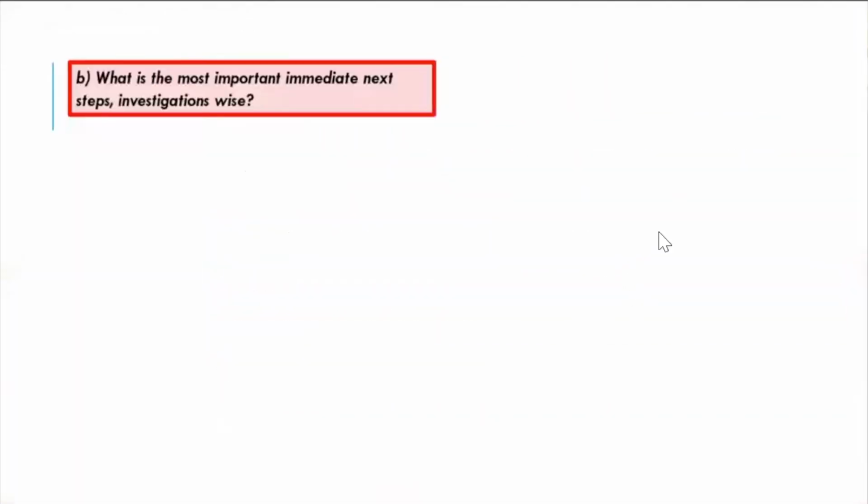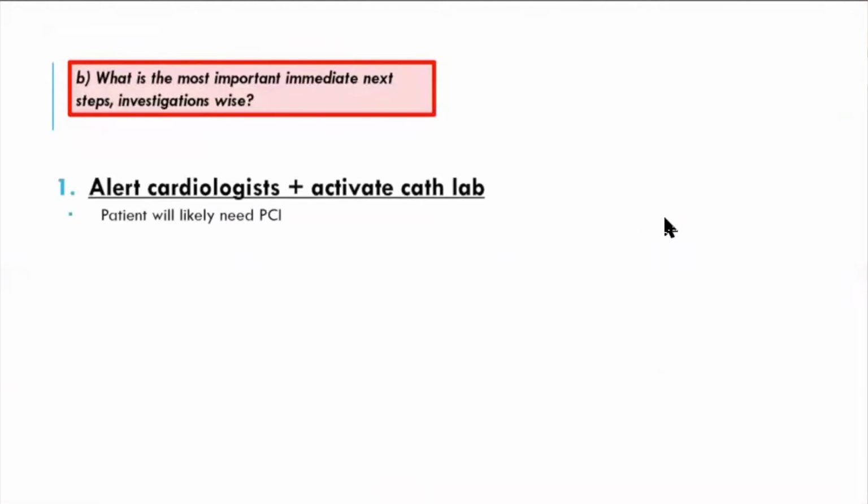So essentially, the first thing I would do is, if this patient has an ischemic sounding history together with very clear territorial changes for ST elevation, I would alert the cardiologist as soon as possible and activate the cath lab, saying we have a potential patient that might need primary percutaneous coronary intervention, so a stent put in, or some kind of angiographic intervention. So that's the first thing I would do.